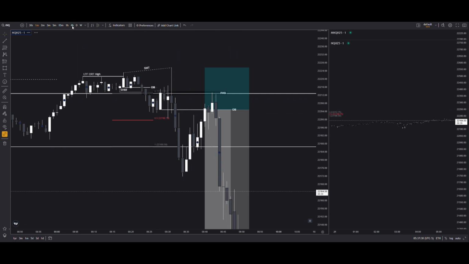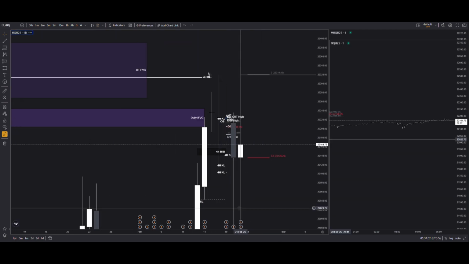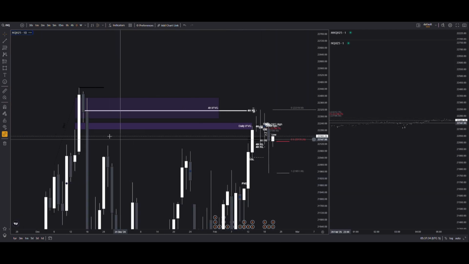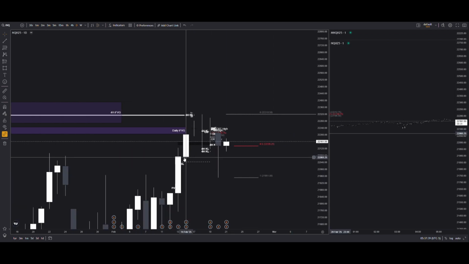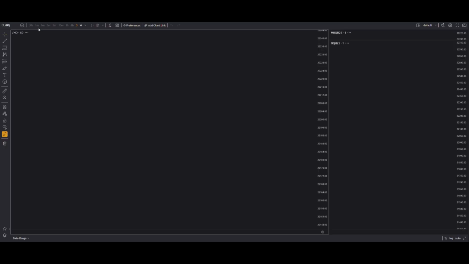We also had a new week opening gap in our favor, which was right here.